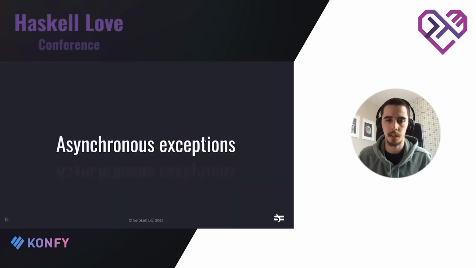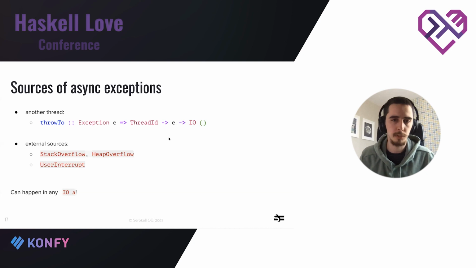The second part is about asynchronous exceptions, which are another kind of unusual exceptions present in Haskell. Asynchronous exceptions differ from synchronous exceptions in the way they are thrown. They happen externally to the current thread.